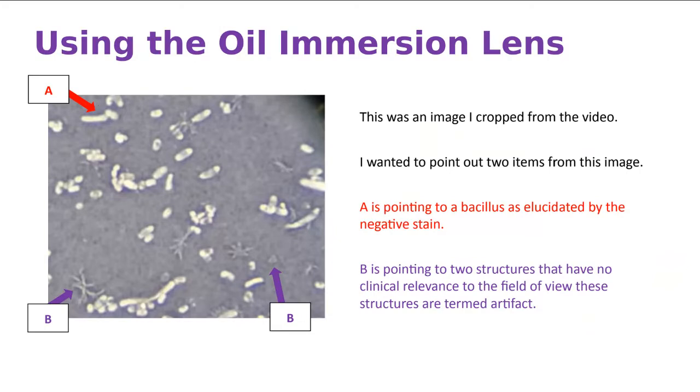I would like for you guys to be able to tell what these structures are, right? So the first thing is easy, and so you can see that the red arrow is pointing to A. Can somebody tell me the morphology of that particular bacterium?